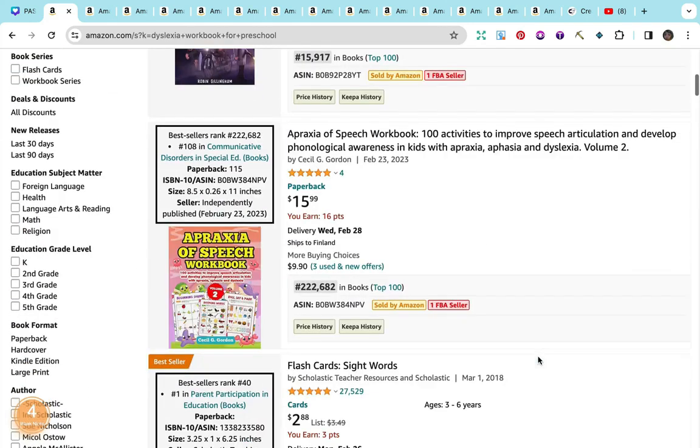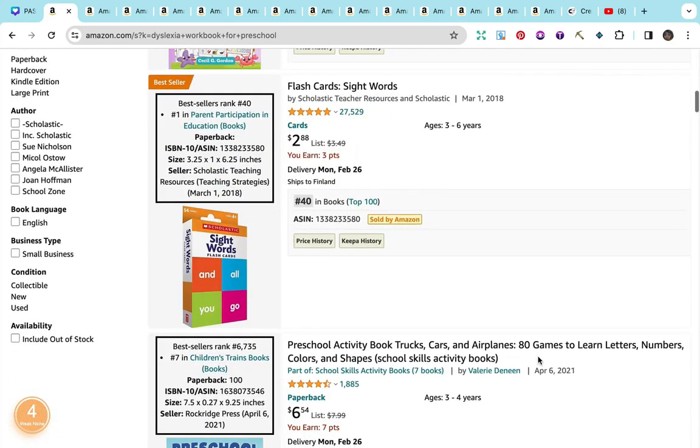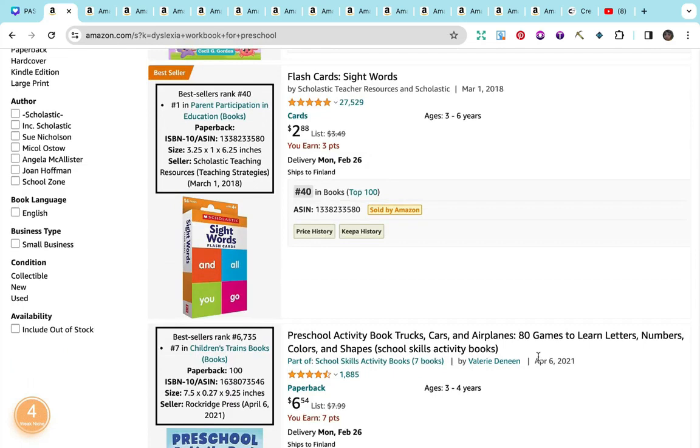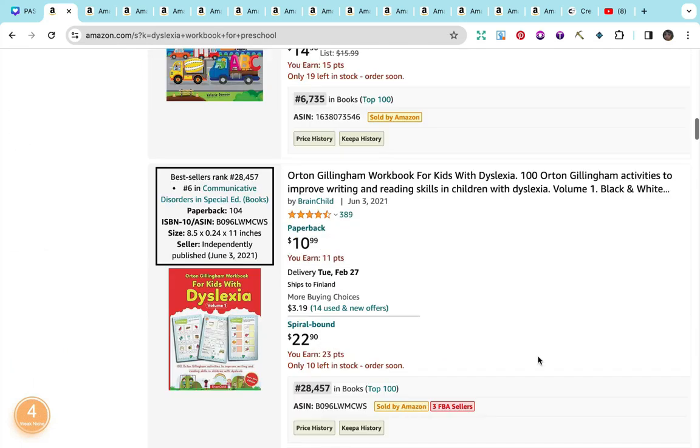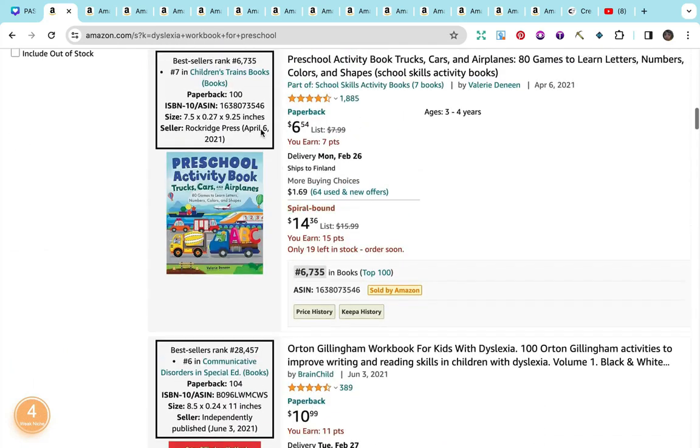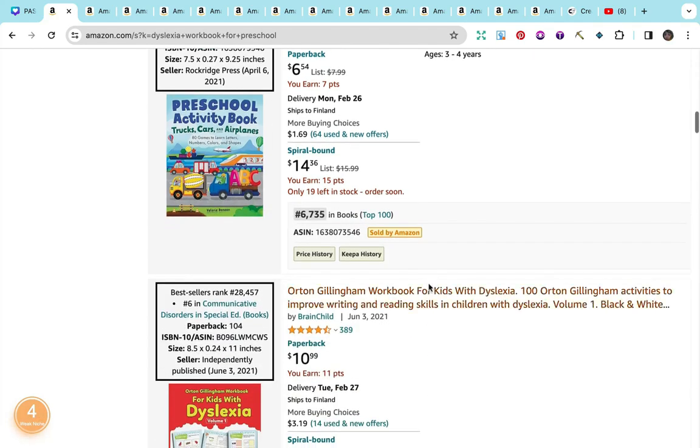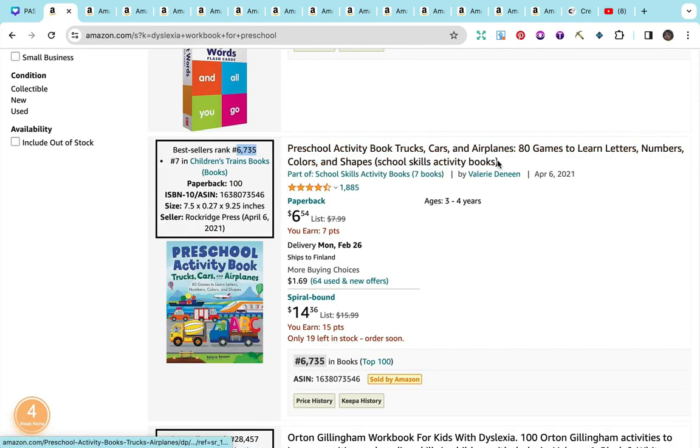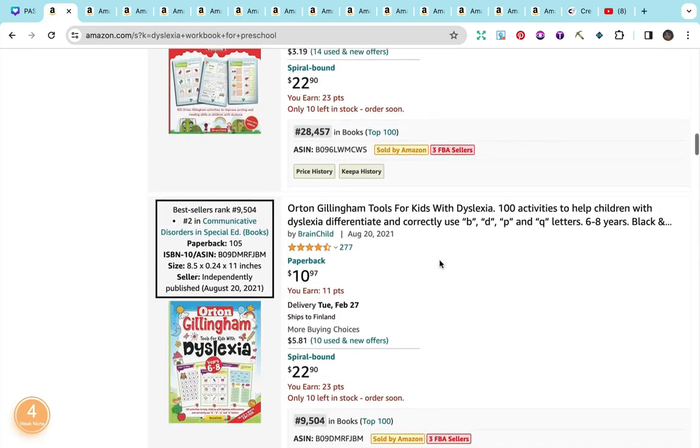Scrolling down, we are going to find at least 3 books minimum with a bestseller rank of 100,000 or below. This one here, for example, it is not sponsored, and it is sitting at 6,735 as a bestseller. This one's under 100,000. It's 28,477. Notice that they've not used the exact keyword dyslexia workbook for preschool, yet it is still showing in the first page.